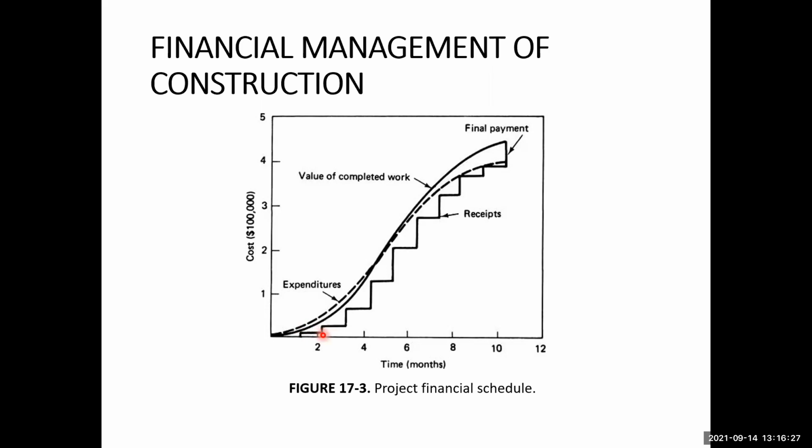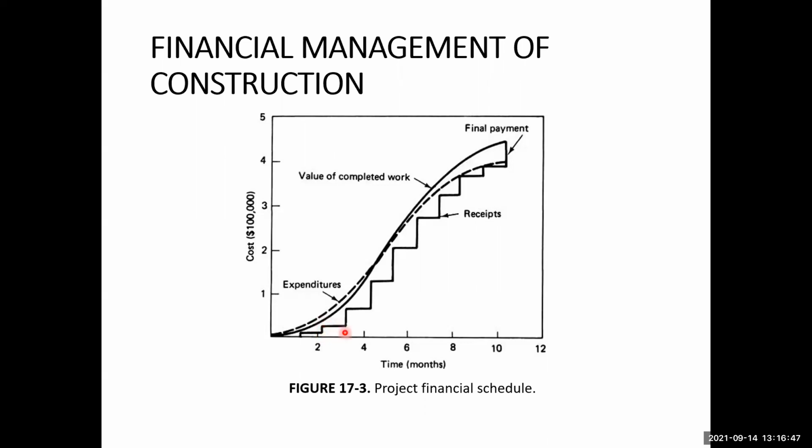If the contractor has spent $1,000 at the end of the first month, that $1,000 minus any retainage the contractor will get at the end of the second month, because there is some payment schedule.